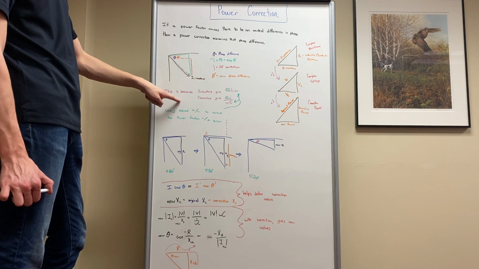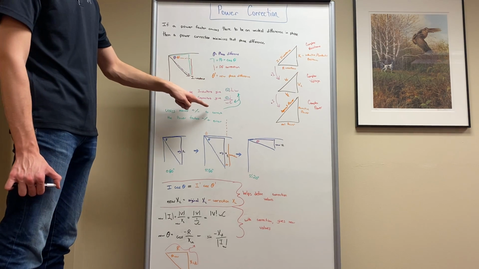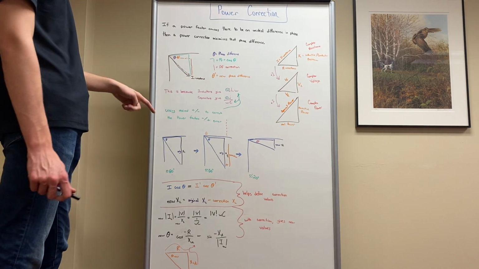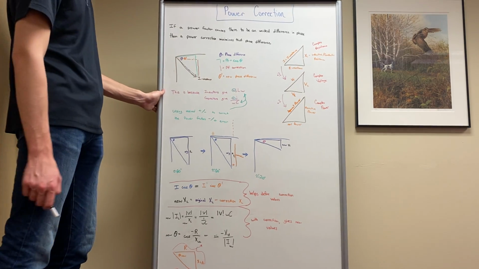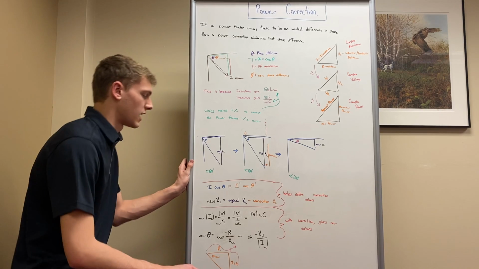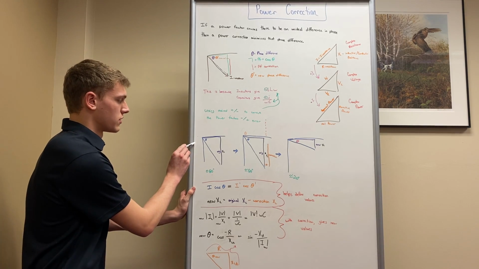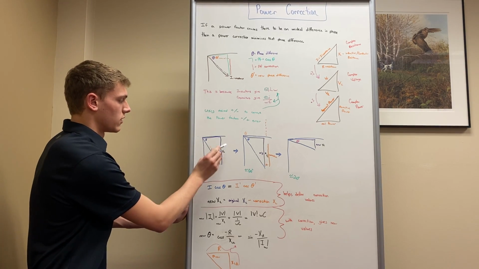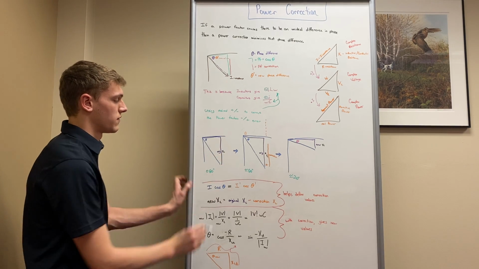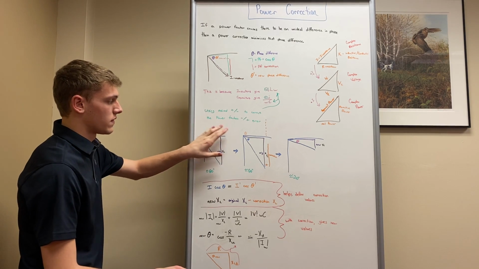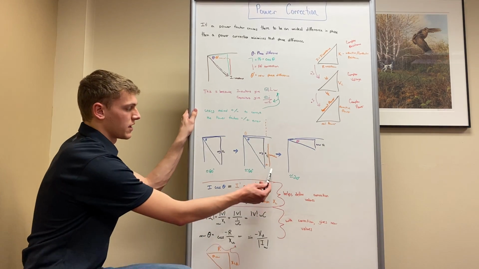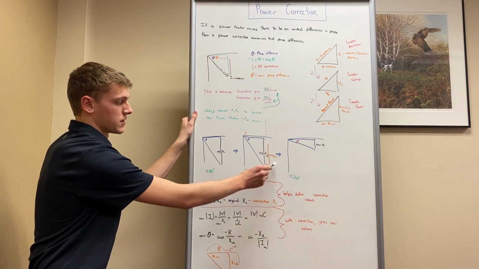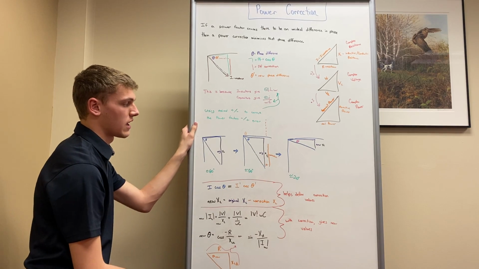And you need to use the desired positive or negative correction that you need with the power factor's positive or negative that you need. So kind of just explaining that idea again. If this was my original, which has constant R and some phase difference, then my R is going to be the same in all three, but now I'm adding some sort of correction that's a positive or negative J, depending on where it's at.